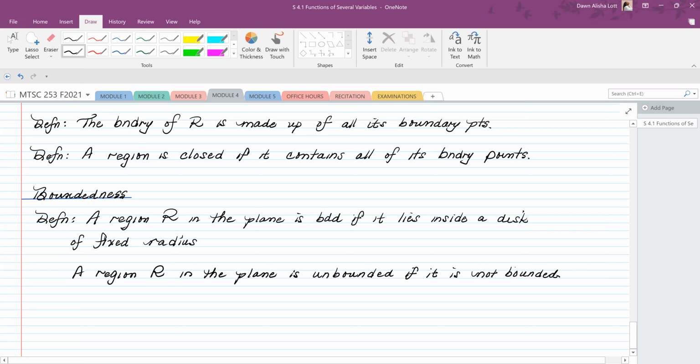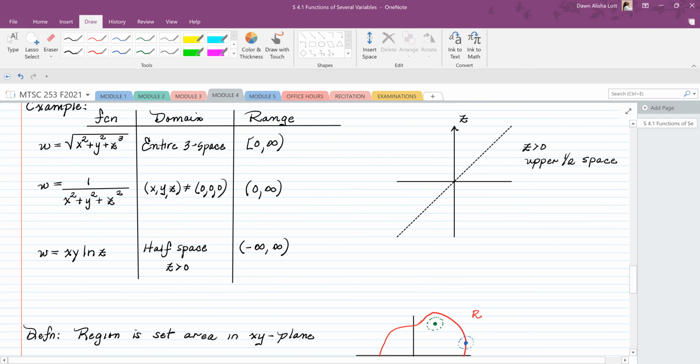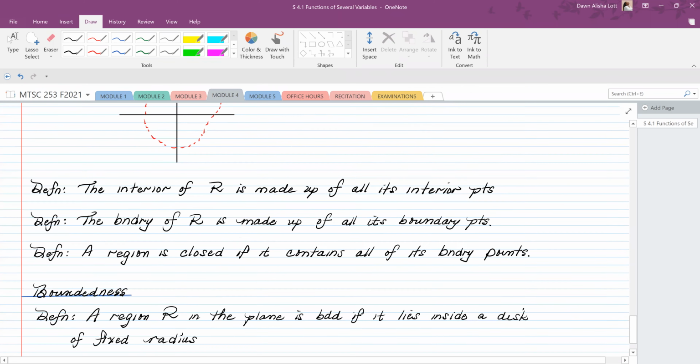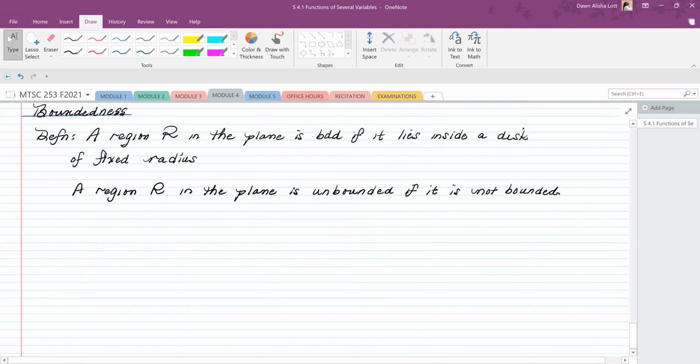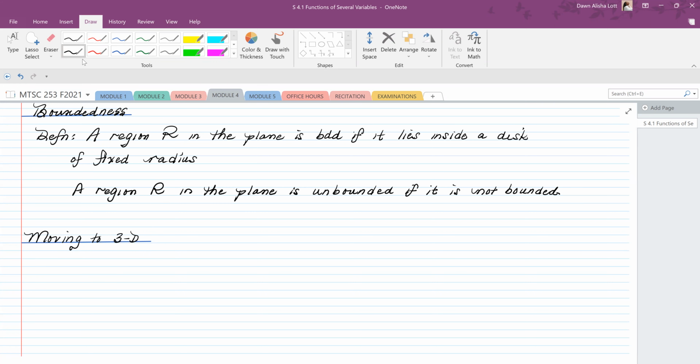All right, so now these same definitions go for three-dimensional things, okay? So instead of a disk, we're going to talk about a sphere. Okay, so all of this was 2 dimensions. So let's move to 3 dimensions. We're going to say the same thing.